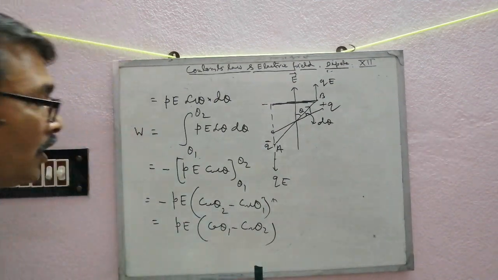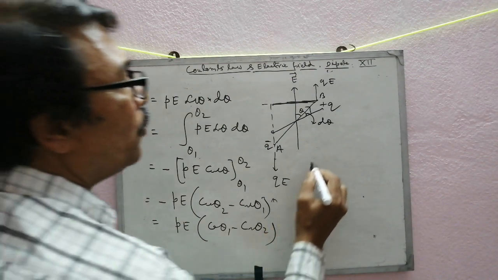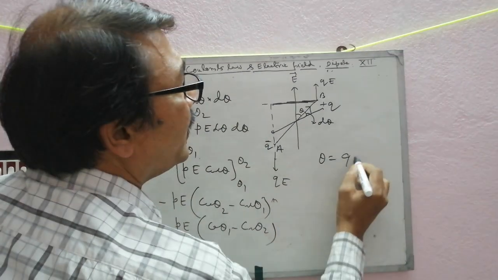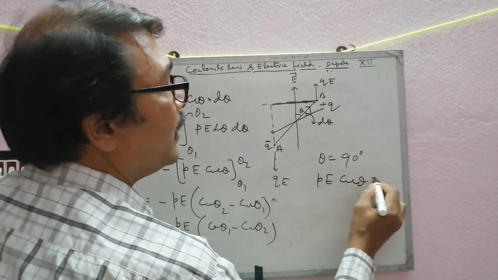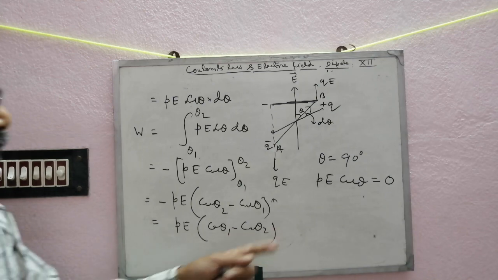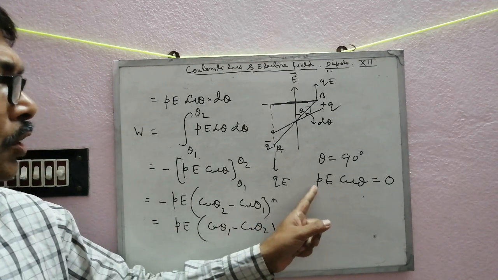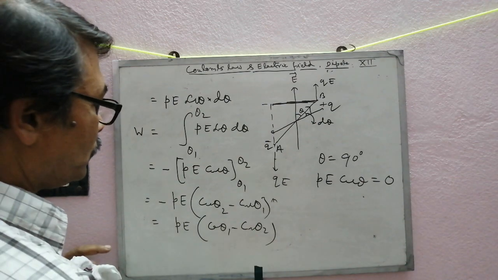When theta equals 90 degrees, PE cos theta equals 0. This is the minimum potential energy, so at the position of 90 degrees.